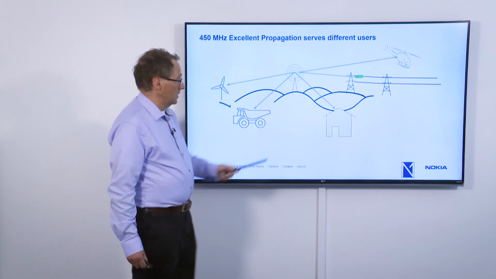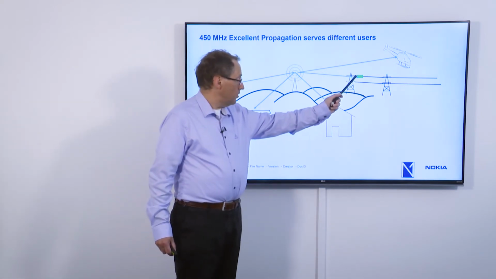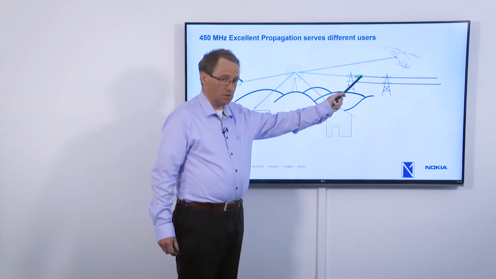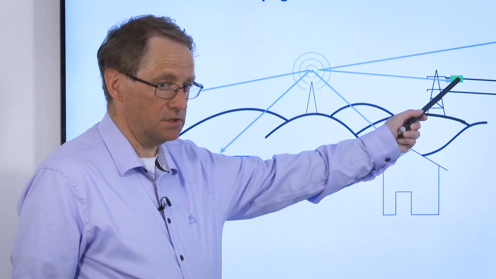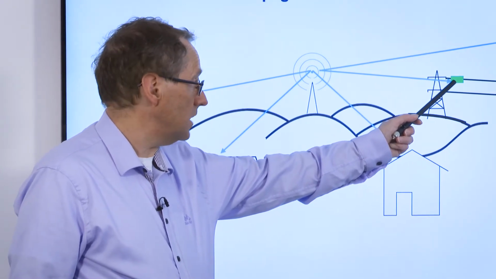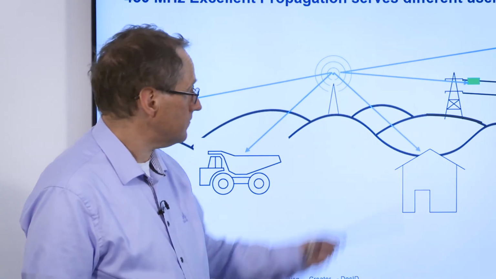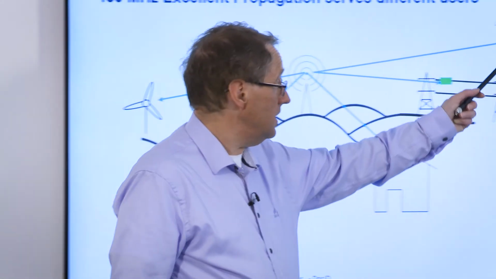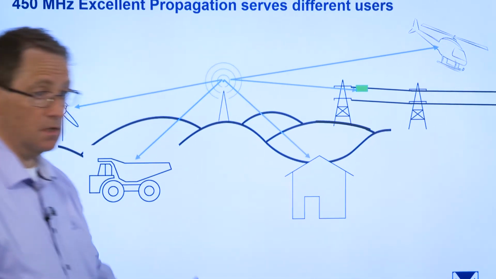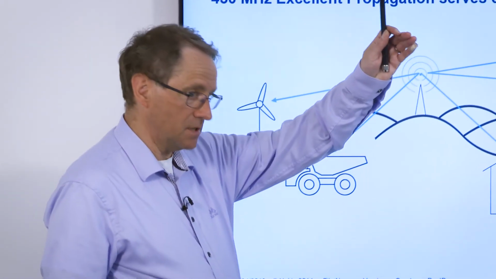You need to verify the power current running here. You can do leakage current detection. You can verify the voltage. You can verify whether it's arcing. And it even covers helicopters, because it propagates so well in all directions.